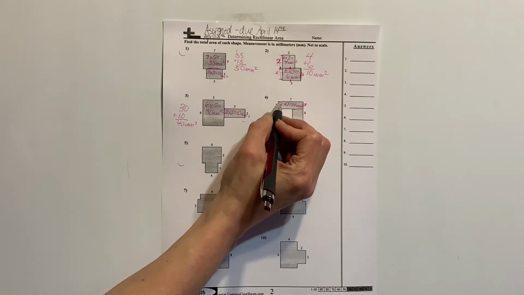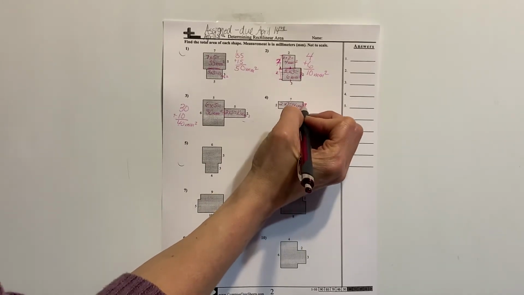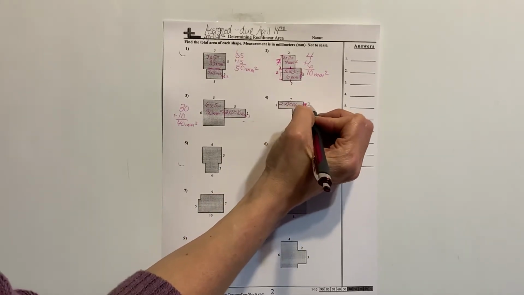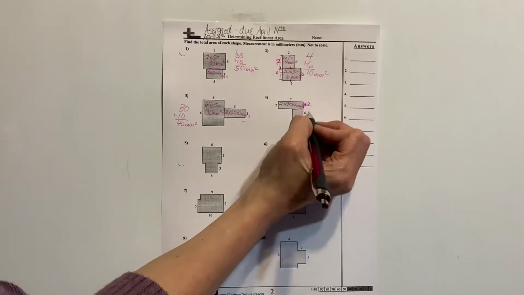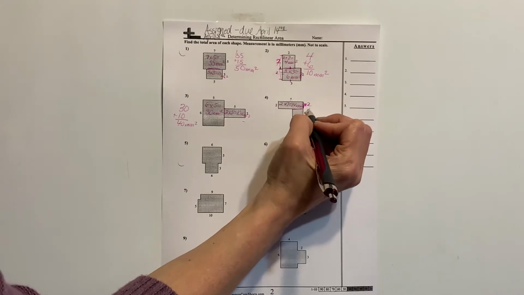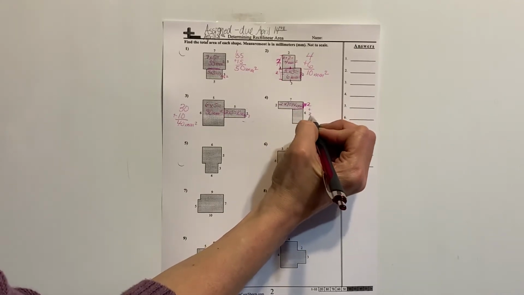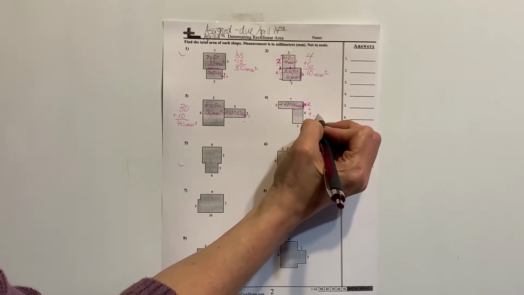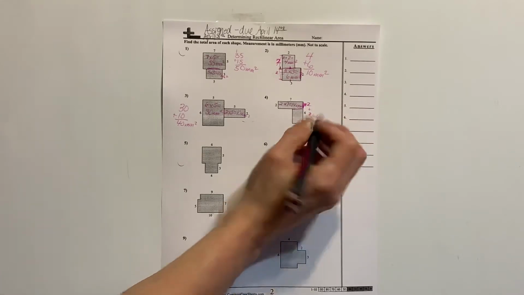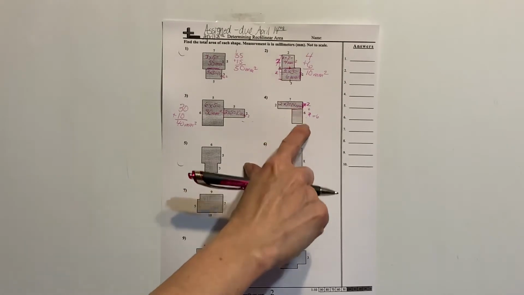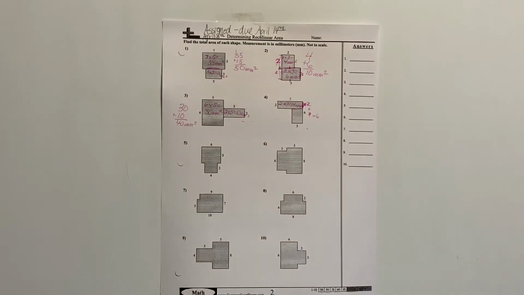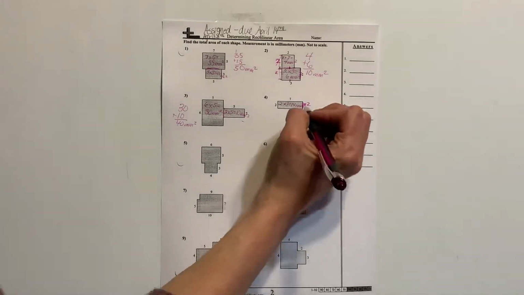So I know that this small piece is 2. This small piece is also going to be 2. So what would this large piece be? I've got 2 plus something equals 6. So what plus 2 gives me 6? If I have 2 here, I need the rest of this to equal 6. 4.